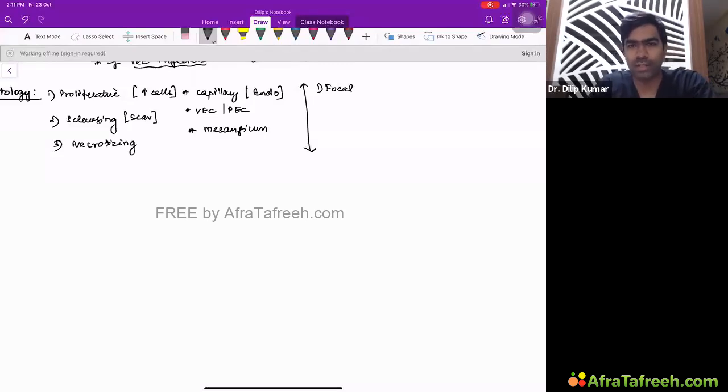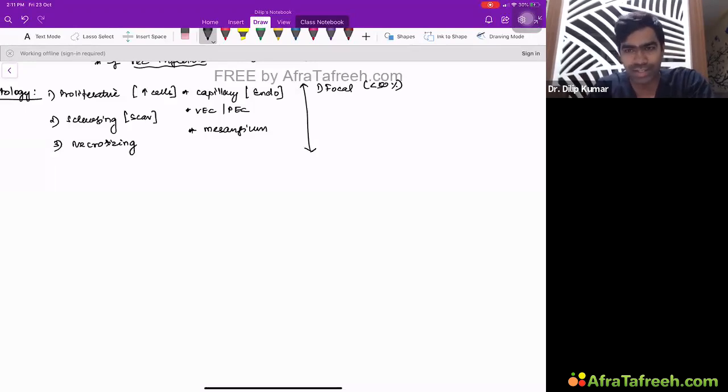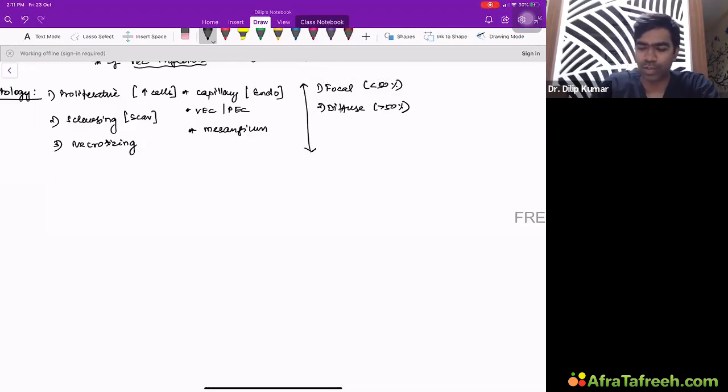Focal means less than 50% of the glomeruli are involved. For example, if you see 10 glomeruli on a slide and only 3 are involved, that's focal. Diffuse means more than 50% of the glomeruli are involved, for example 6 or 7 out of the same 10. That is what we refer to as diffuse pathology.